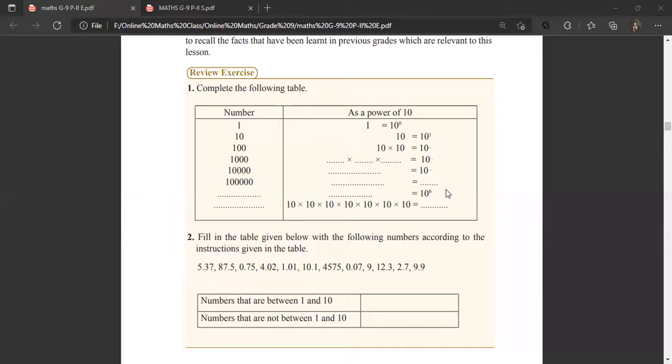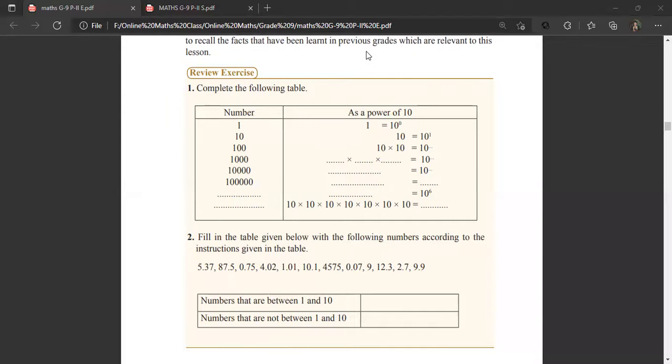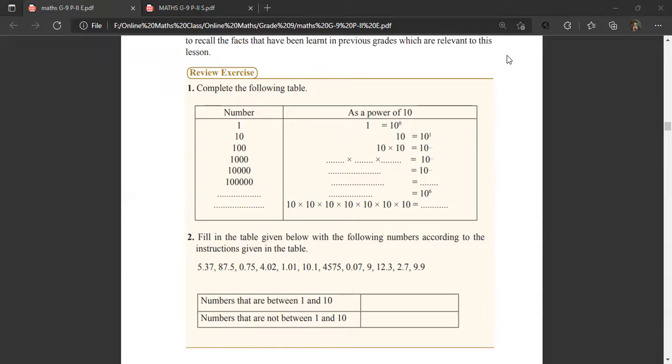Finish. Okay, Mihini, Sandupama. Finish, sir.